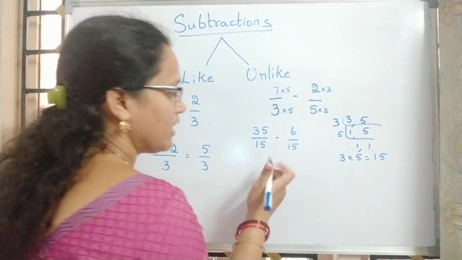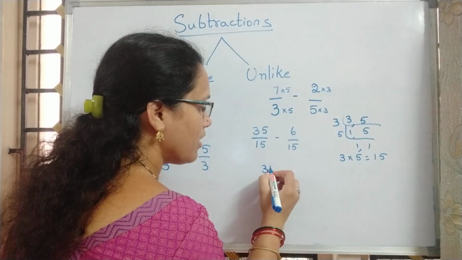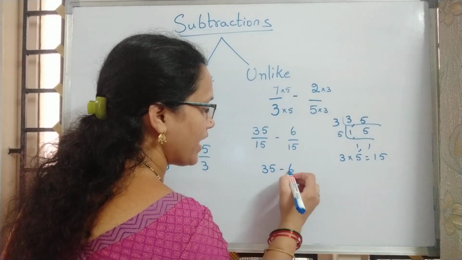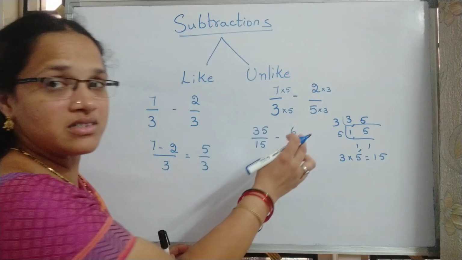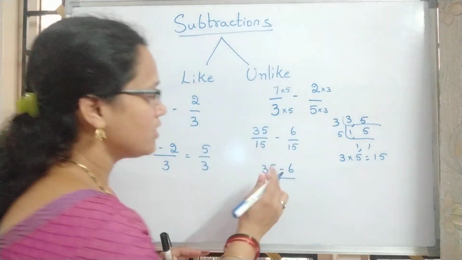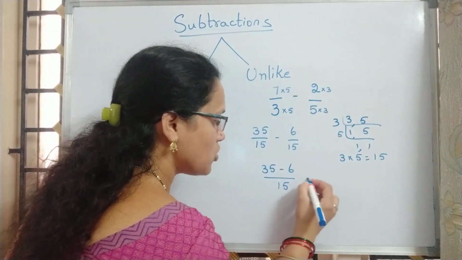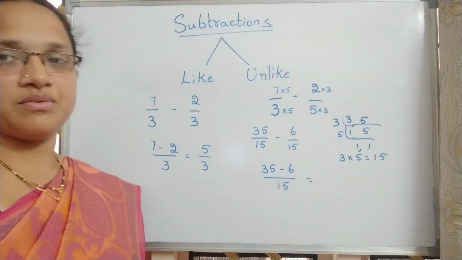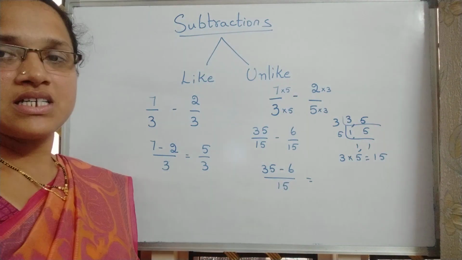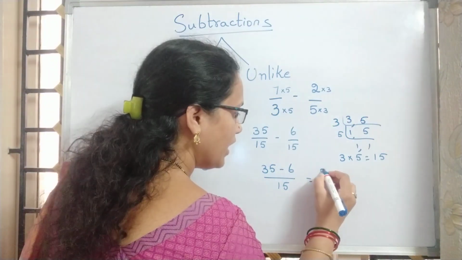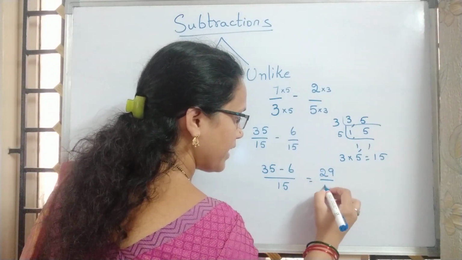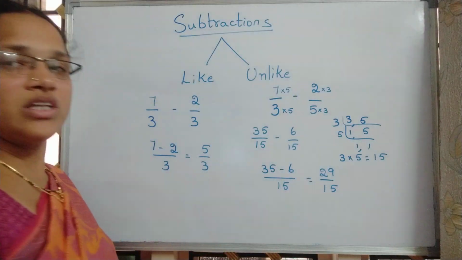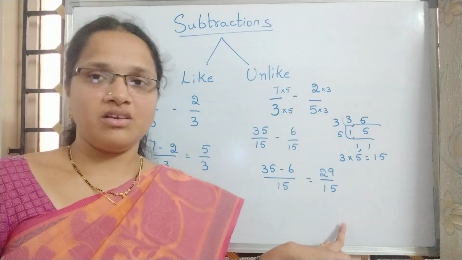As the denominator 15 is common, subtract only the numerators. 35 minus 6 is how much, children? 29. So 29 by 15, which is already the simplest form of the fraction.